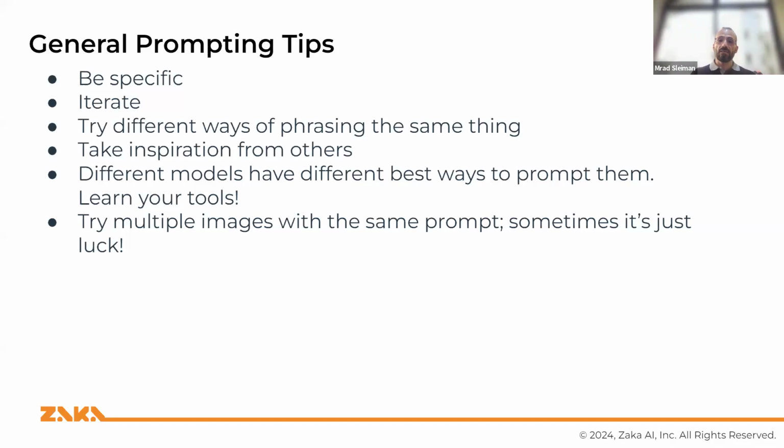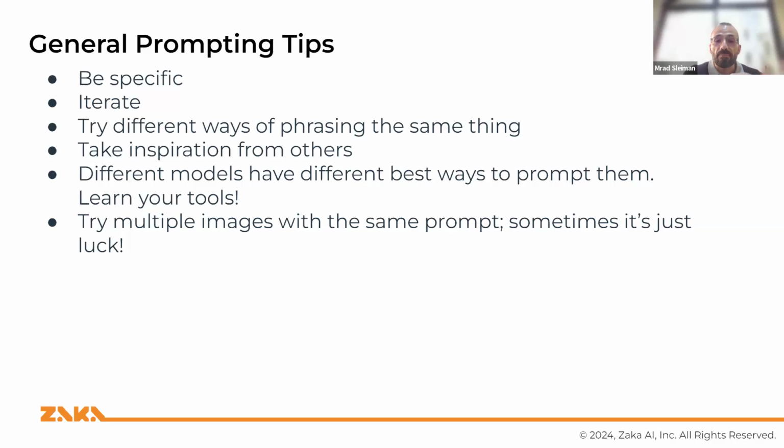So DALL-E, using ChatGPT, prefers complete sentences when we are prompting it. Whereas Stable Diffusion works better when you are using small phrases separated by commas. This is why you need to learn your tools.